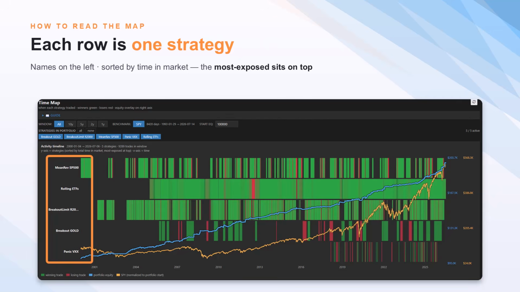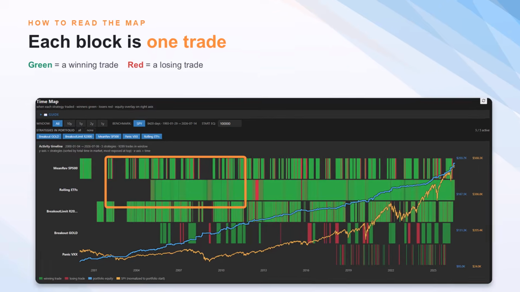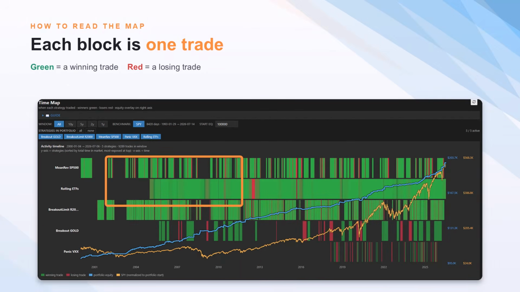Strategies are sorted according to how much time they spent in the market, with the strategy that has the greatest exposure at the top. Each colored rectangle represents one trade. Green means the trade was profitable, while red means it ended in a loss. At a glance, you can see when each strategy was trading and how it performed.